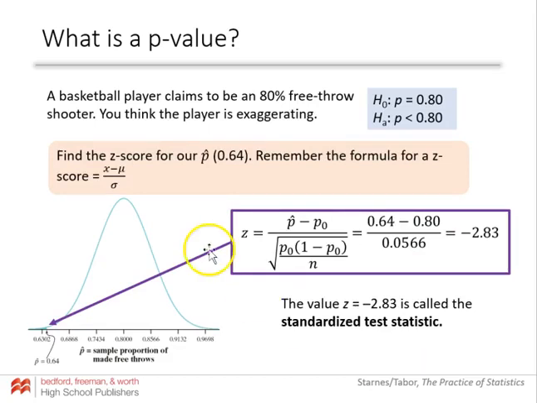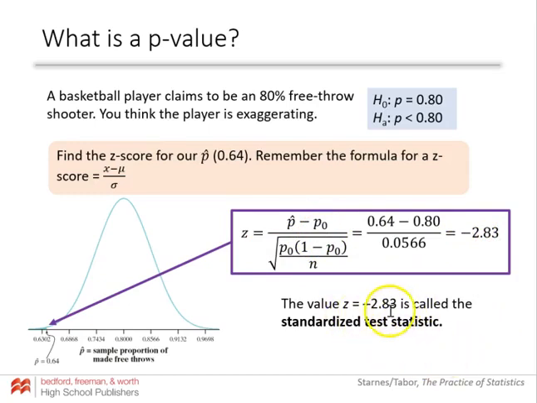If you remember from way back, the formula for a z-score is x minus the mean divided by the standard deviation. So x is going to be our sample statistic of 0.64 minus the mean of 0.8, because the mean is equal to the null hypothesis, divided by the standard deviation of the sampling distribution like we've done before. So we do that and we get a z-score of negative 2.83.